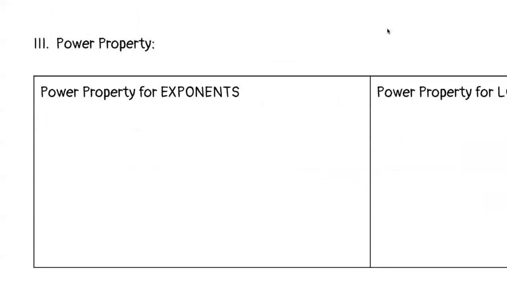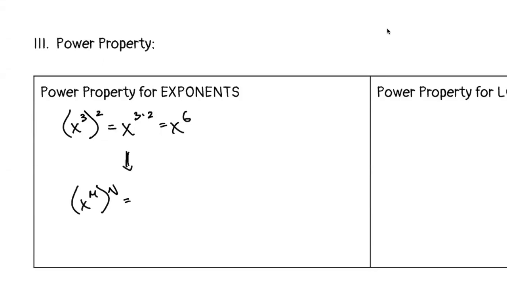If we had something like this, x to the 3, and then we raise that to the power of 2, what do I do to those exponents? This 3 and the 2. Multiply them. Good. 3 times 2. This is really the same as x to the 6th. And if we generalize that, x to the m to the n equals x to the m times n.